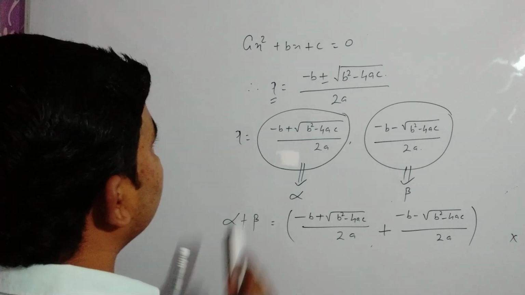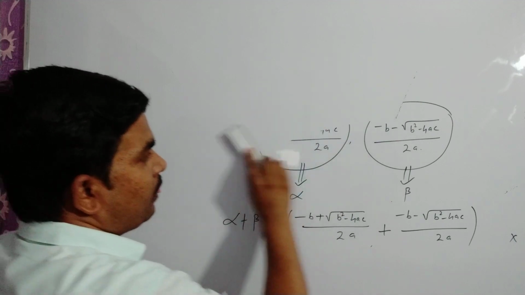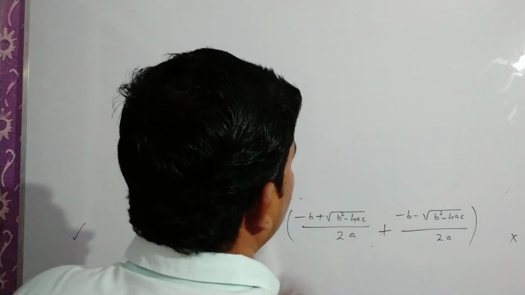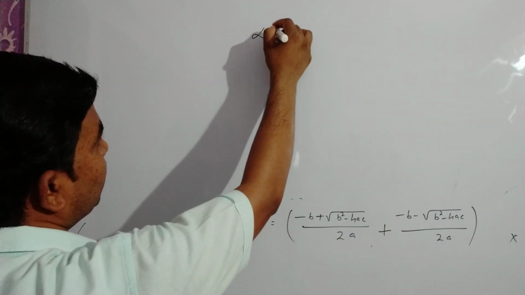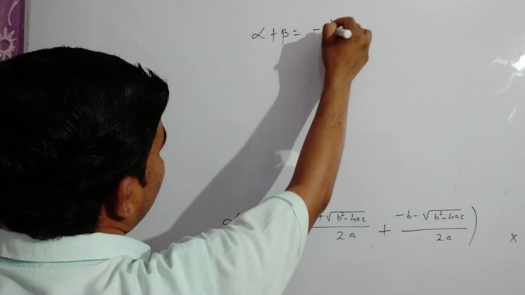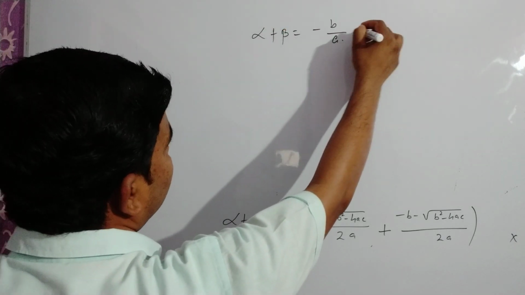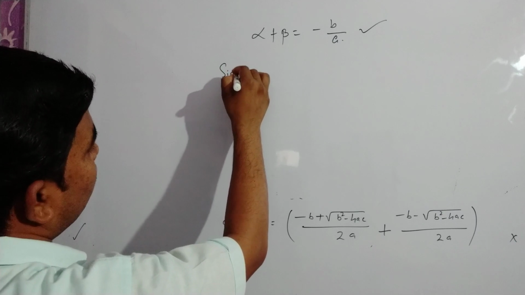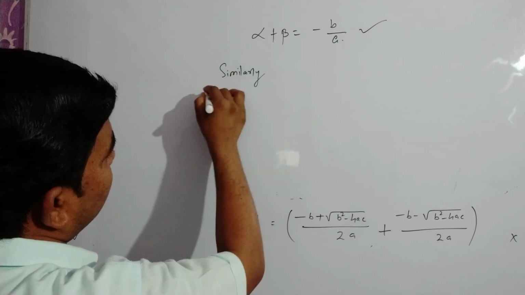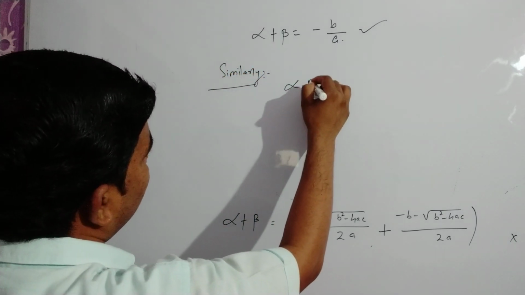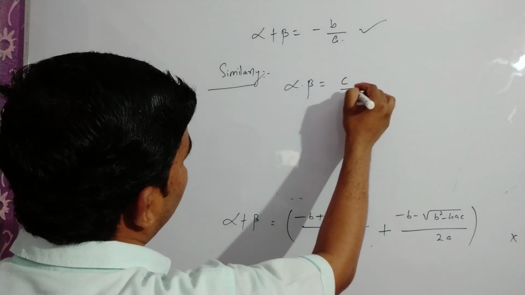You will get the result alpha plus beta equal to minus b by a. Similarly, you can write alpha into beta equal to c by a.